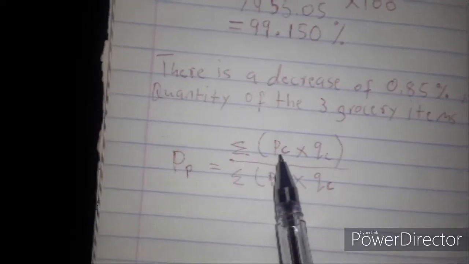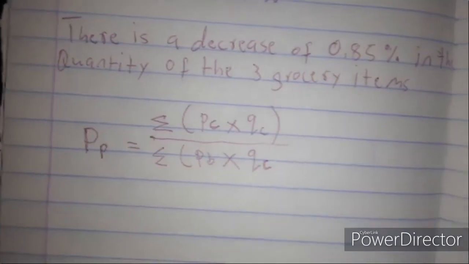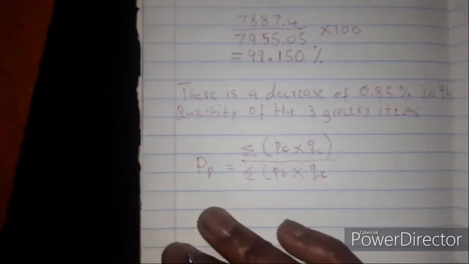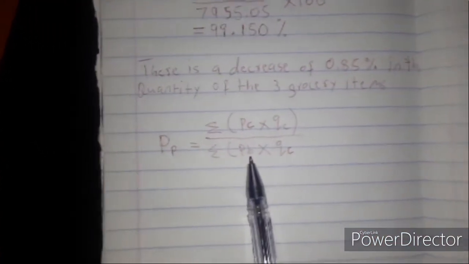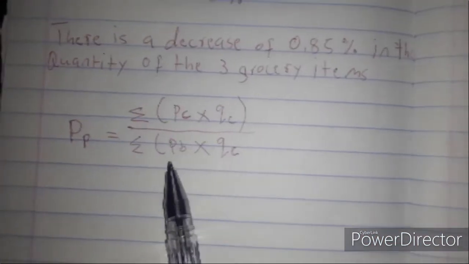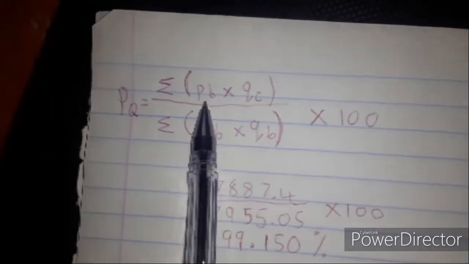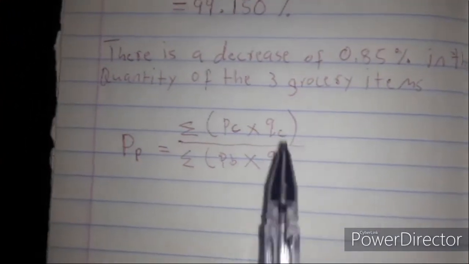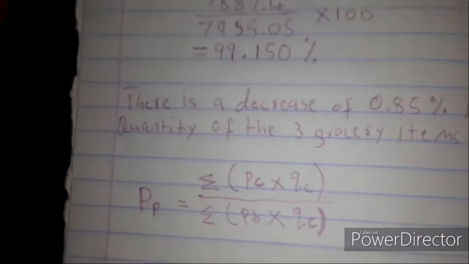Here there's a current price, then here there's a base price. So that is the difference. So you need to be meticulous when you are studying these formulas.